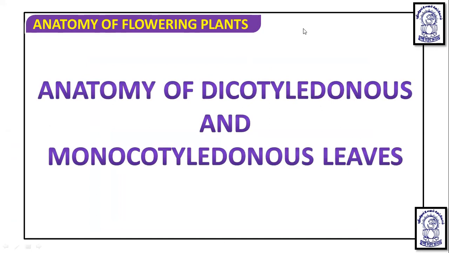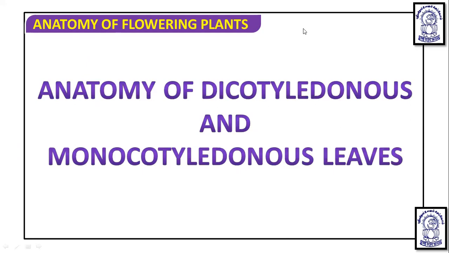Dear student, in the previous classes, we have studied the anatomy of dicot and monocot root, dicot and monocot stem, and in this lecture, we are going to study the anatomy of dicot and monocot leaves.